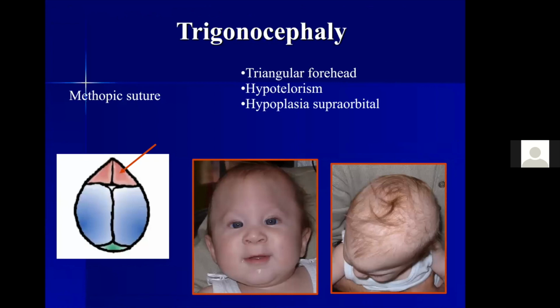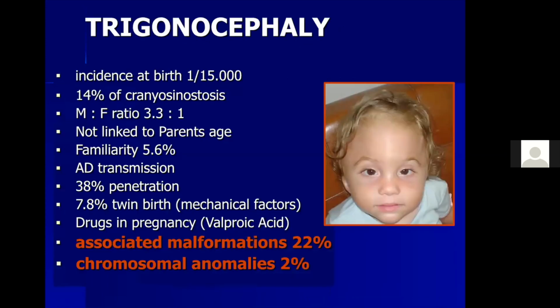This is the normal shape of the head in trigonocephaly, in which we get the triangular forehead. There is hypotelorism and even supraorbital hypoplasia. The incidence is 1 in 15,000 live births, and it represents about 14% of craniosynostosis.